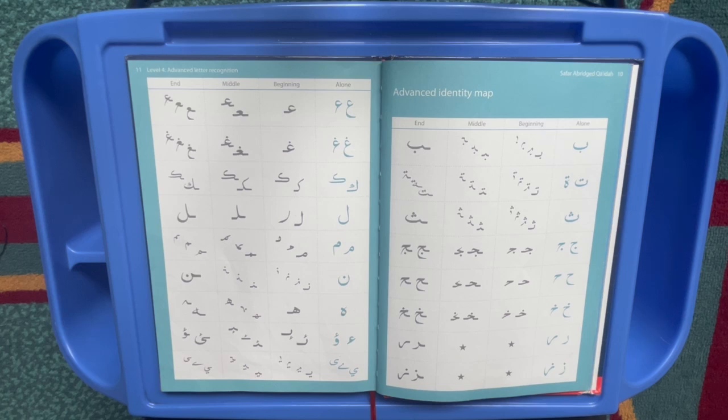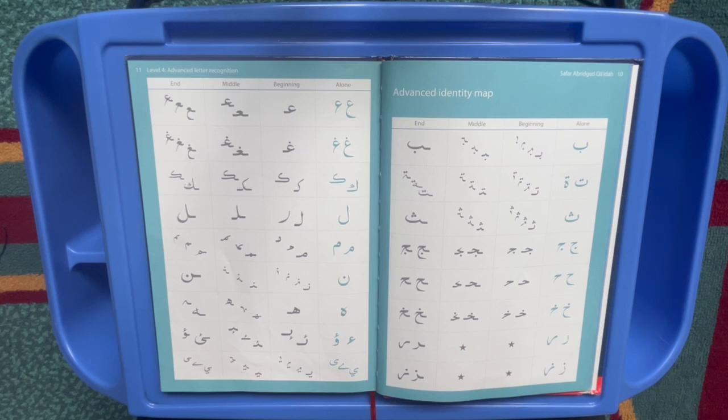In page 10 and 11, we have the advanced identity map. These two pages show every single way that the letters can be written. These pages should be used in order to gain an understanding of all the different ways that each letter can be written.